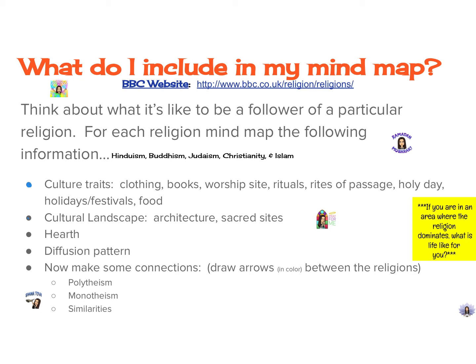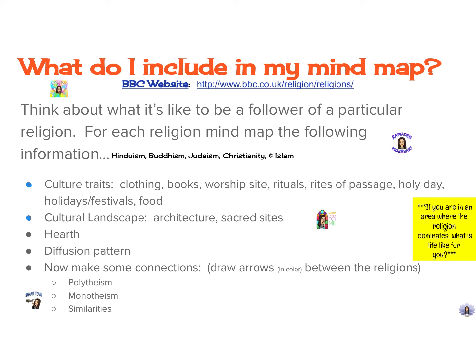The next thing says cultural landscape. This is a big idea and big vocabulary term. We talked about it the other day, but cultural landscape, when we are talking about religion, is thinking about what is the religious significance of things that you can see as a part of the landscape. So what do their worship sites look like, and is it influencing certain architectural features?